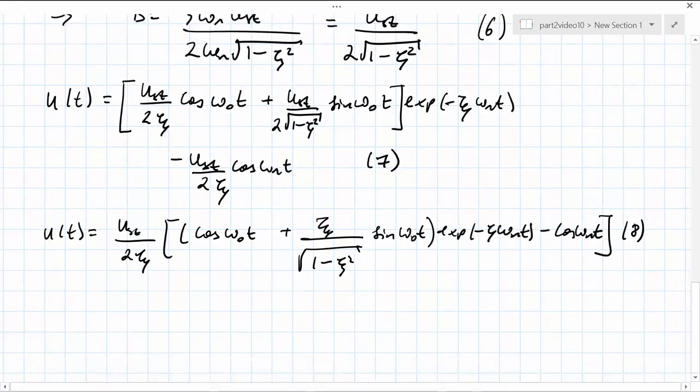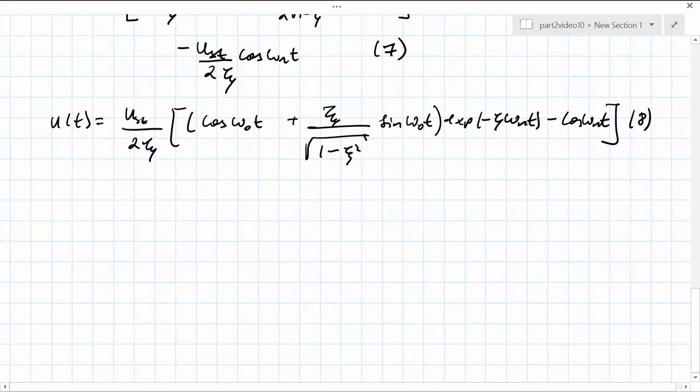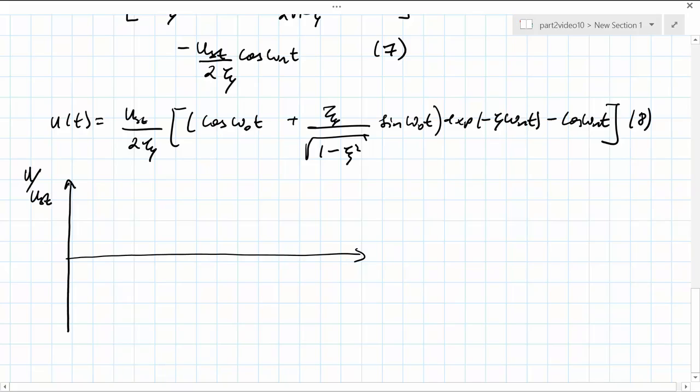A typical response then, if we plot equation 8, is given by the following: u over u static plotted against t over tn.